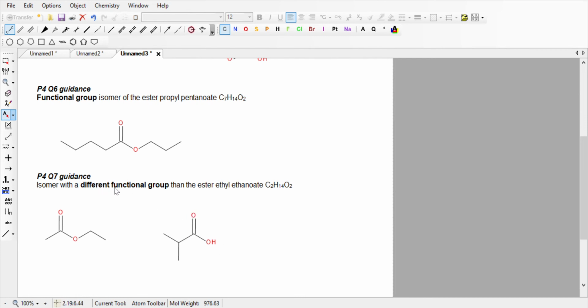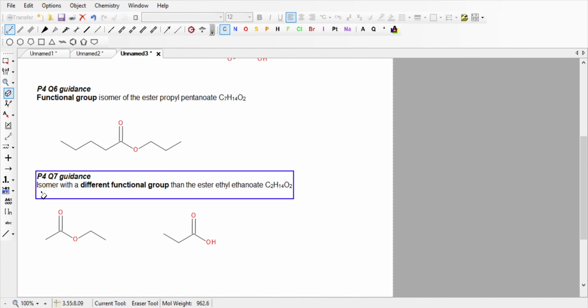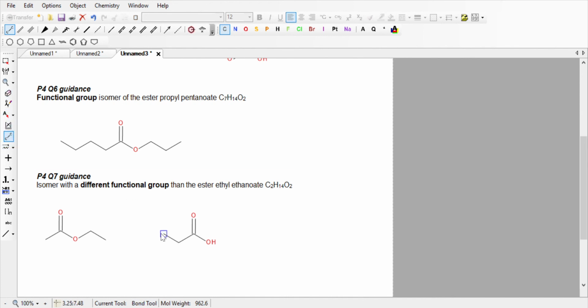So we have a different functional group, but we still have 1, 2, 3, 4 carbons and 1, 2, 3, 4 carbons. If we counted up all the hydrogens, maybe, bear with me. I think you would have to do it in a linear fashion actually for this to work. 1, 2, 3, 4, 5, 6, 7. 1, 2, 3, 4, 5, 6, 7, 8.